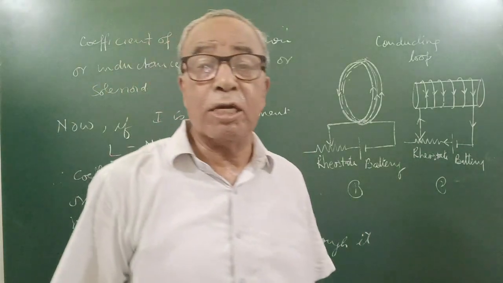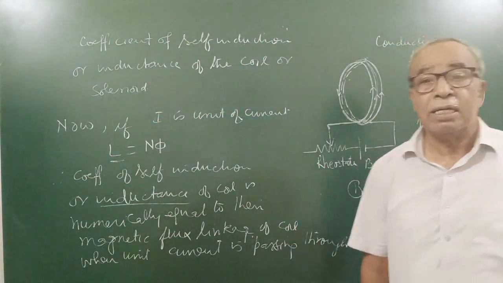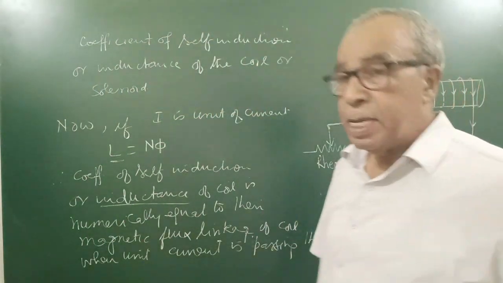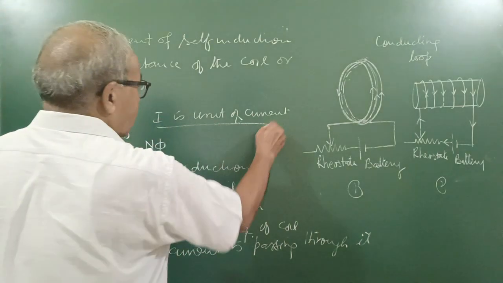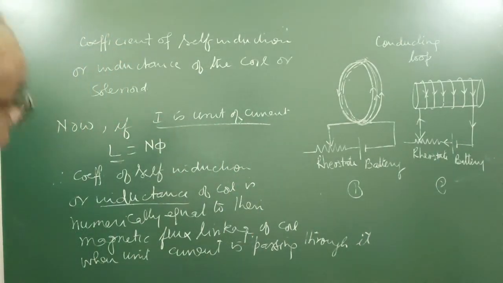L, the coefficient of self-inductance, is numerically equal to the magnetic flux linkage of the solenoid when unit current is passing. The unit of current may be any, but the SI unit is ampere.